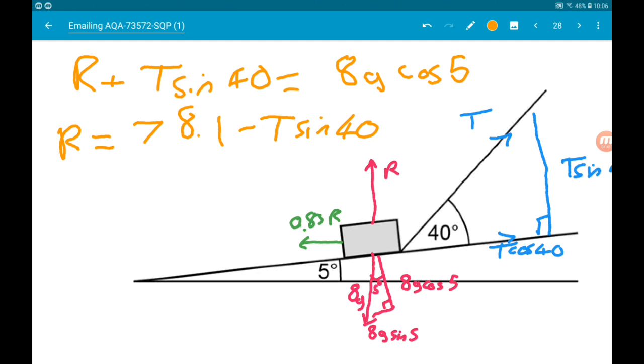So we do now have an expression for R in terms of T.